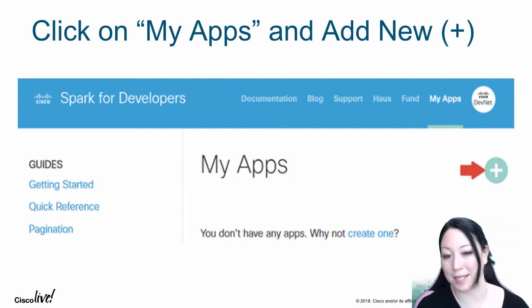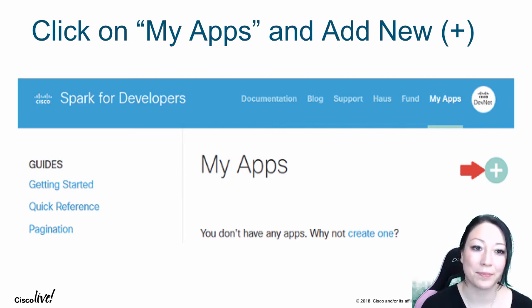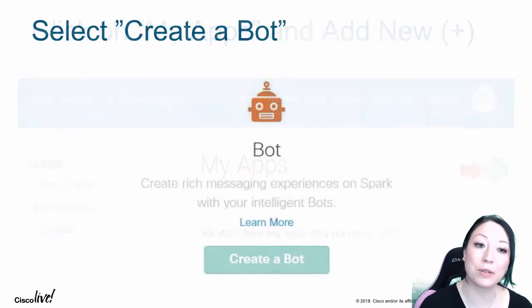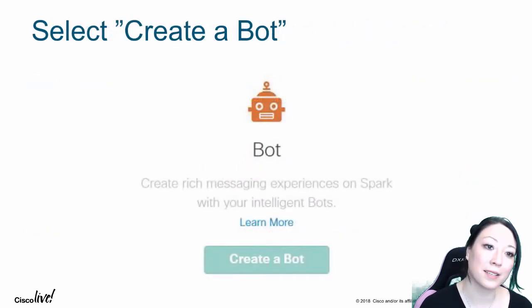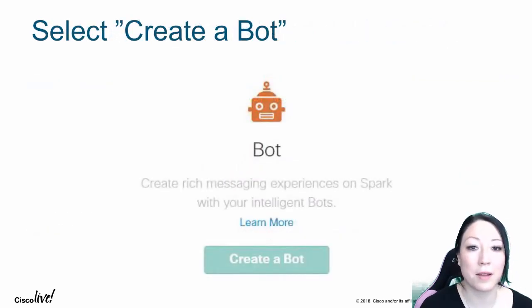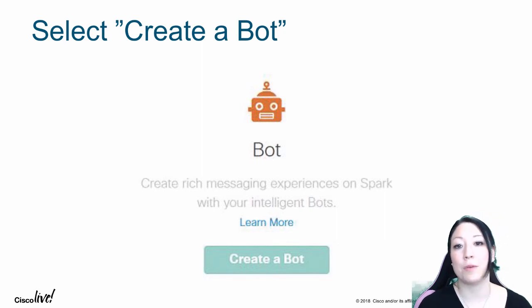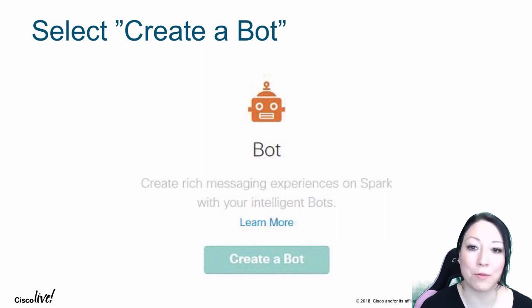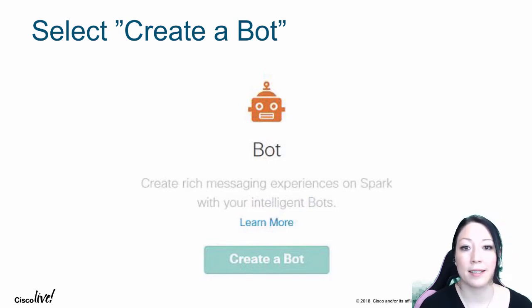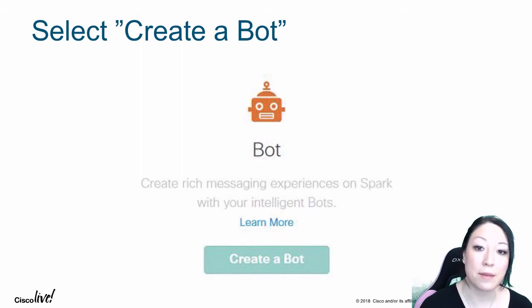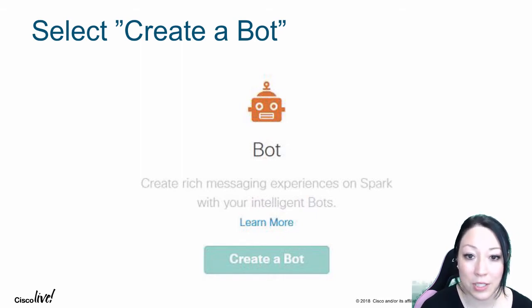It's a white plus sign on a green circle. And then you'll have an option to create an integration or create a bot. So you'll want to click on Bot, and you will access the new bot creation form. You'll fill in the name, email identifier, and select an image or upload your own image.